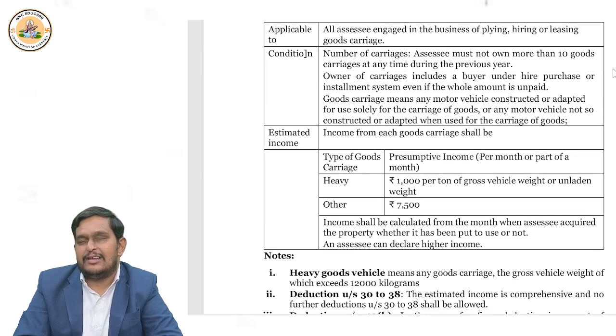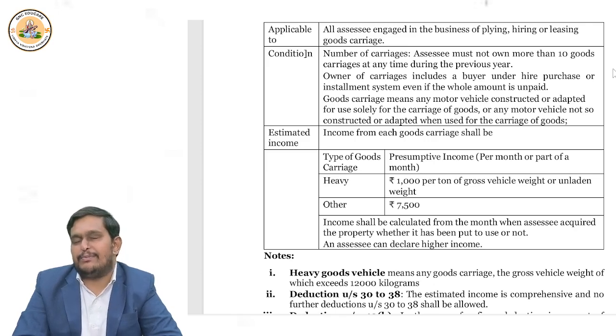If it is a heavy vehicle, 1,000 rupees per ton, on the gross weight, we discussed it. But please remember, these are monthly figures. And that's why I said, if you hold the vehicle as an owner for even a single day in a month, you are treated as owner and you have to show this income for that month, for that vehicle. You should have this knowledge while computing the income.